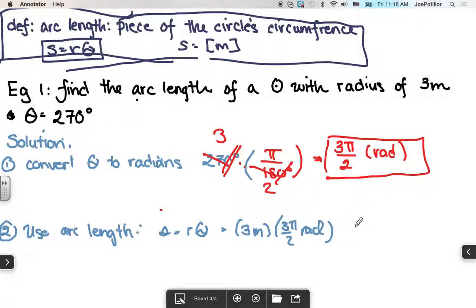And radians are dimensionless, so you don't necessarily need to write them. So of course 3 times 3 is 9, so it's going to be 9 pi over 2 meters. Simple enough. We're not really going to focus so much on arc length, but it's good to know just in case you're ever asked.